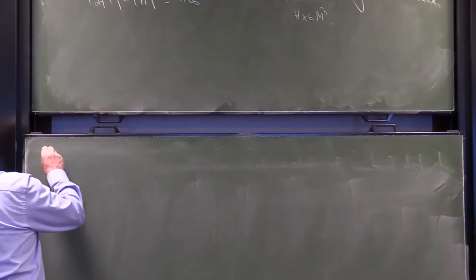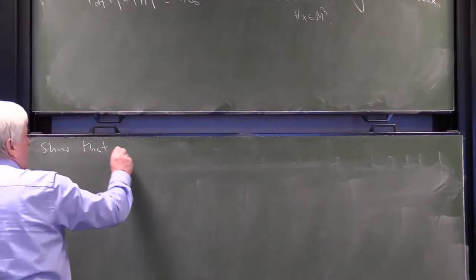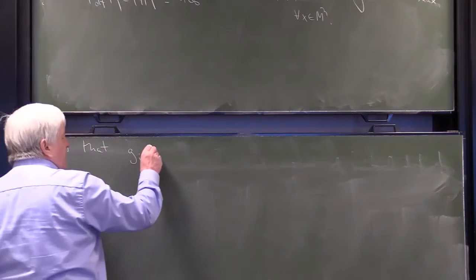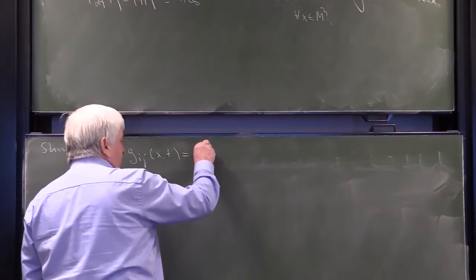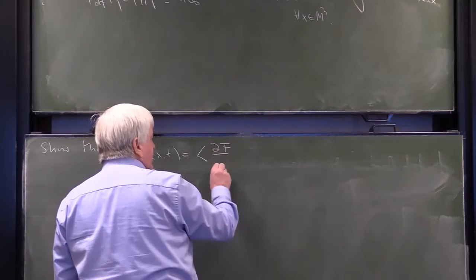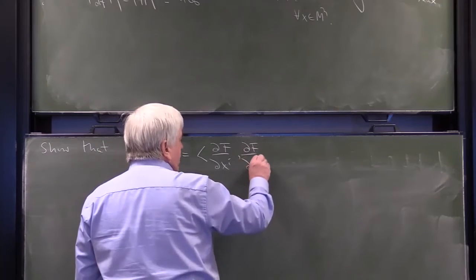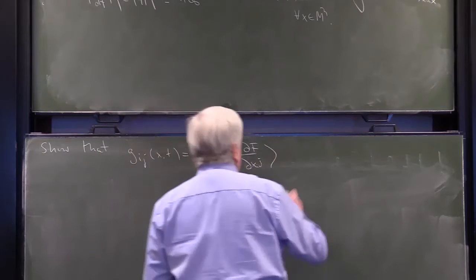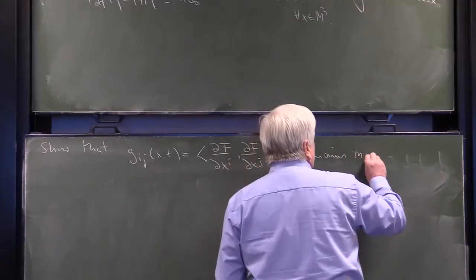So show that gij of x and t, equal to the inner product of the tangent vectors, remains non-degenerate.